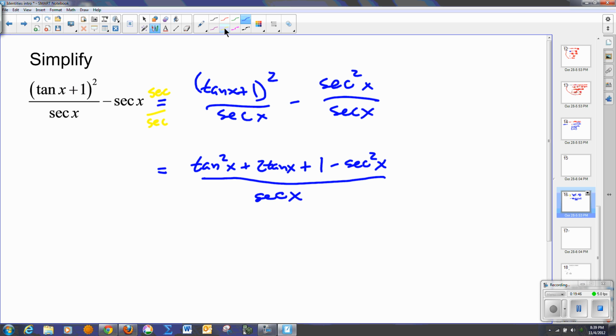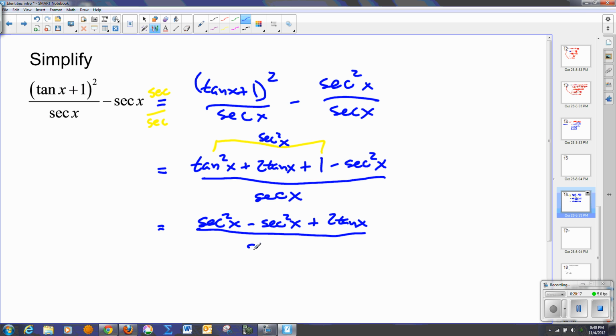Now I look at this and I say, hey, wait a minute. 1 plus tan squared, this term right here that I have linked, is a Pythagorean identity. 1 plus tan squared is secant squared, and I have a minus secant squared here, plus 2 tan x, all over the secant of x.